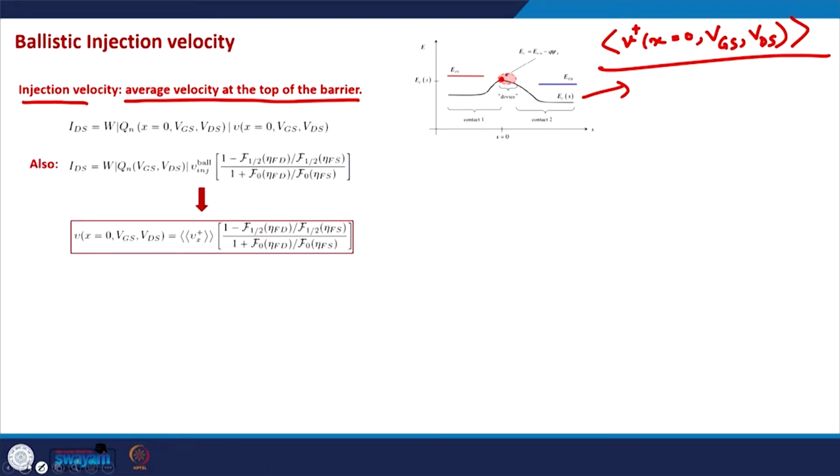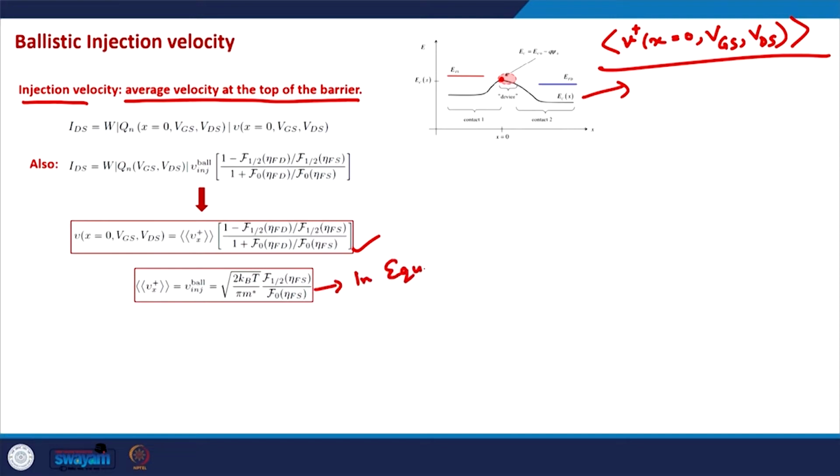So, this is how it looks. Just before going into the details of the discussion, here the ballistic injection velocity is the velocity defined in equilibrium, which means that no drain voltage has been applied. What is the typical order of that velocity?